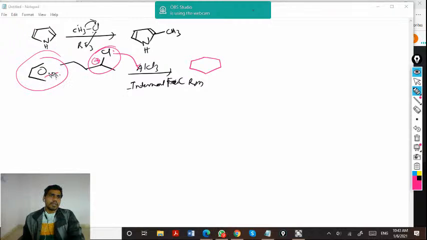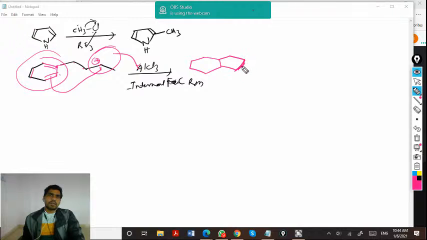So if I write in detail, let's say this is the exact way. Once the chlorine is eliminated with the Lewis acid presence, it's going to attack here. This is one carbon, second, third, fourth, five. One, two, three, four, five. So a five-member ring is going to generate.